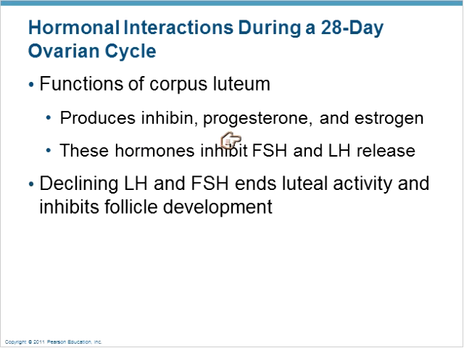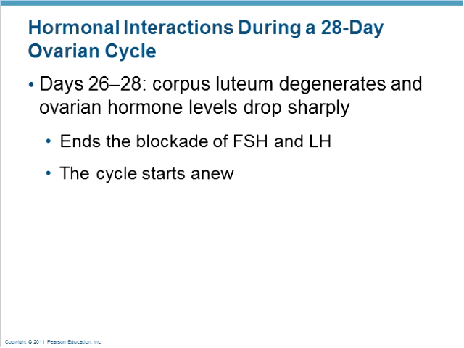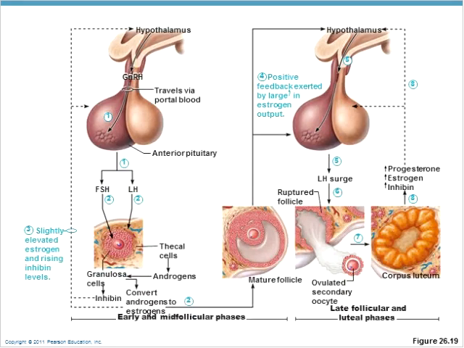The corpus luteum produces inhibin, progesterone, and a little bit of estrogen, and these hormones inhibit FSH and LH, declining LH and FSH, and inhibit follicle development. Days 26 through 28, the corpus luteum degenerates, ovarian hormone levels drop sharply, ends the blockade of the FSH and LH, and the cycle begins anew.